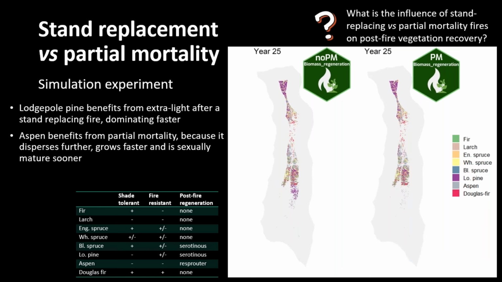It grows faster than the other species, and it's also sexually mature sooner. So even though it doesn't like shade so much, and there's some shade after the partial mortality, the fact that it's still there and part of it may have survived the fire just facilitates its spread after the fire happens.